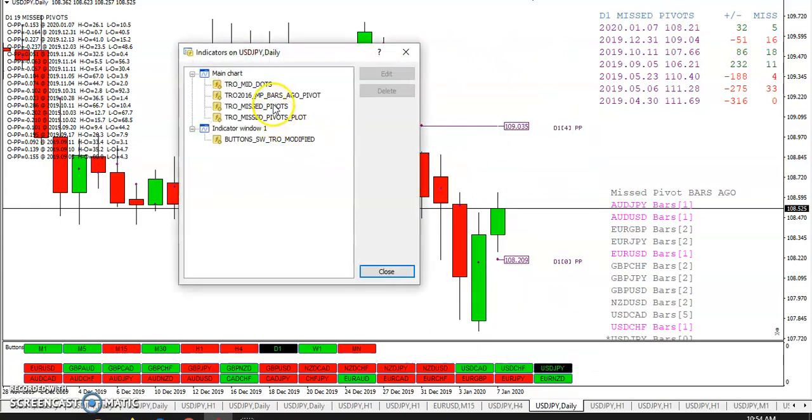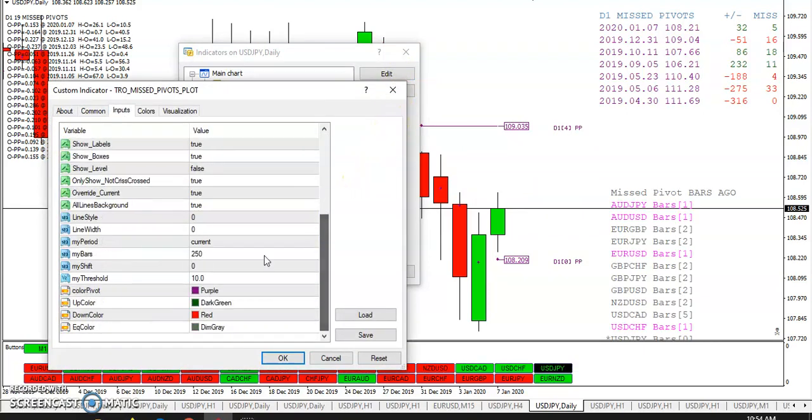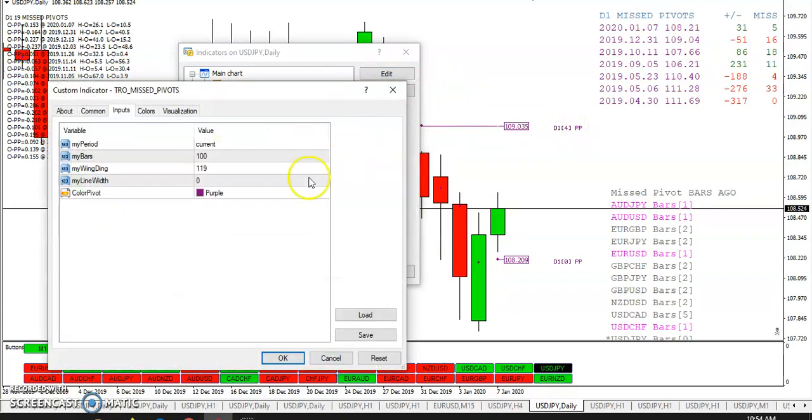Let's see, missed pivots plot. Oh no, 250. That's a year. No, it can't be 250. And that's only 100 bars. Let me switch that over.